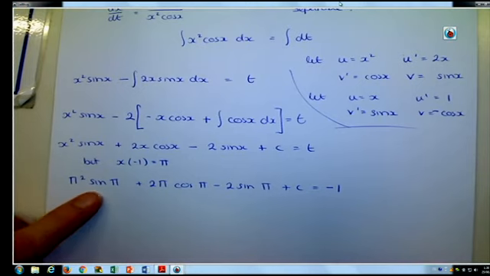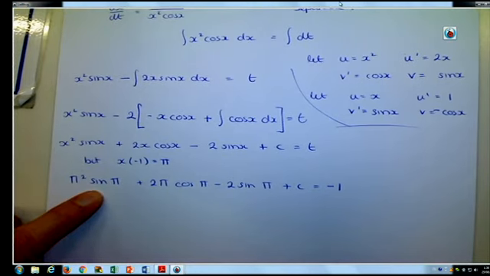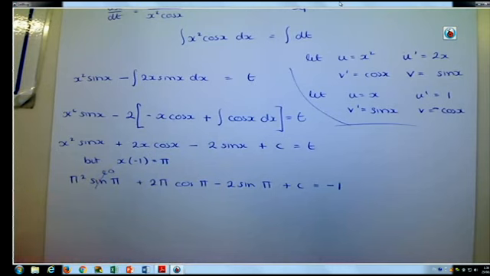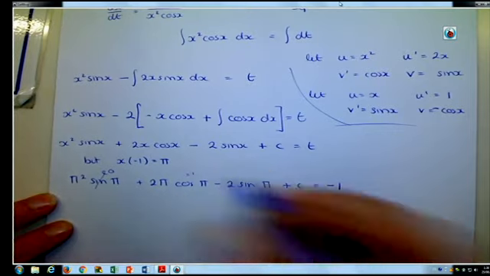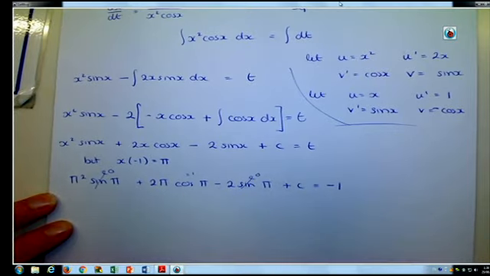What's sine of pi? 0, beautiful. Think of the graphs, right? So sine goes like that, and cos goes like that. So sine of pi is going to be 0, and this one's going to be 1, and that one's going to be 0.